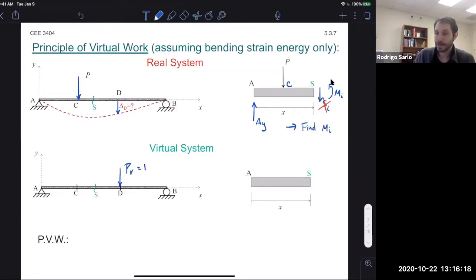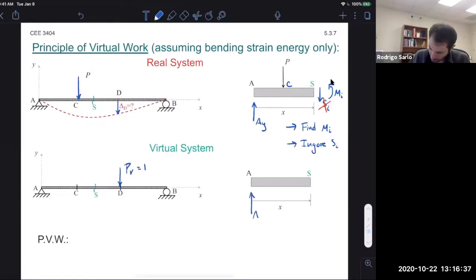So we find MI, and we ignore the shear, okay? So you find the internal moments of the real system. Then we go down to the virtual system, and we do the same thing, right?